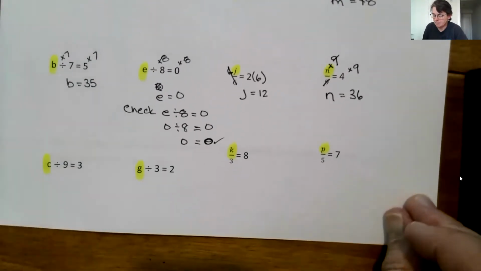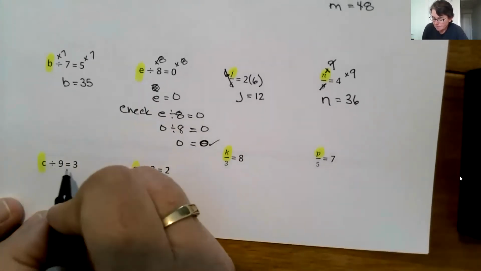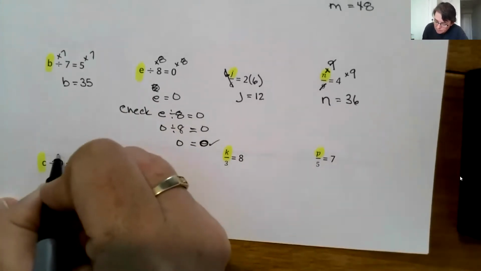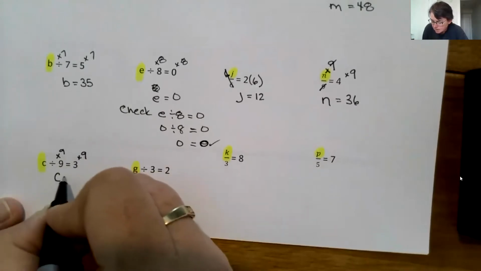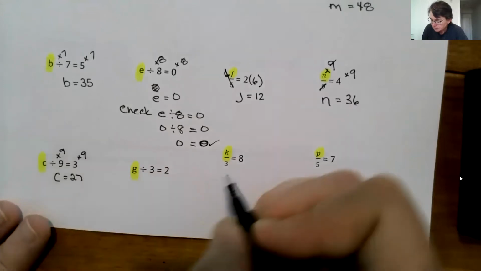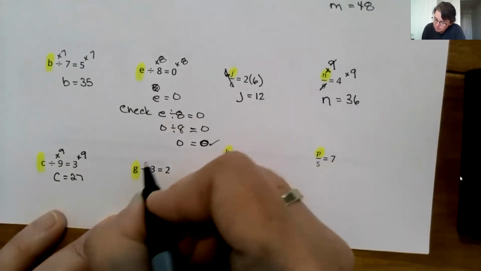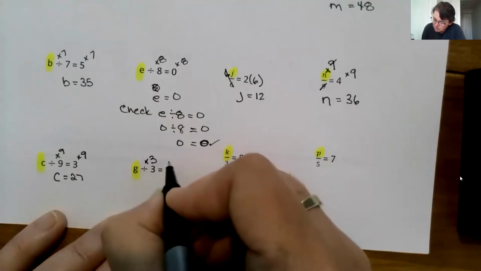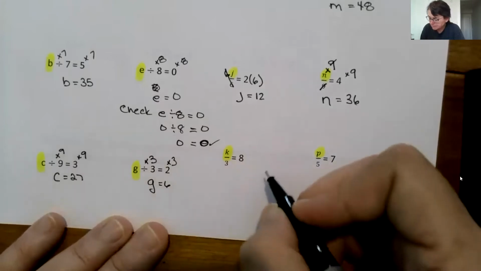All right, bottom of the page, let's see. C divided by 9 is equal to 3, so multiply by 9, multiply by 9. C is 27. G divided by 3 is 2. I'm going to multiply it by 3, multiply by 3. G is equal to 6.